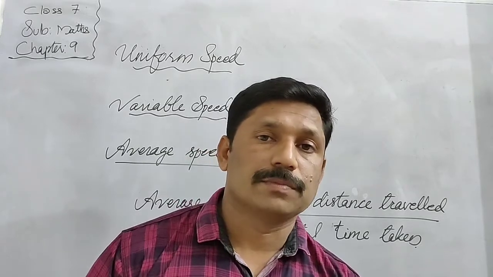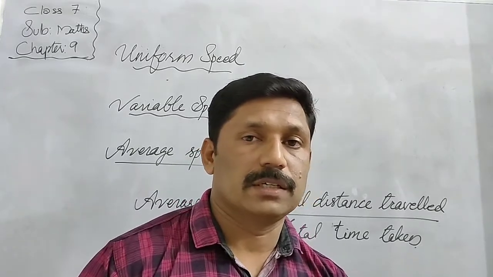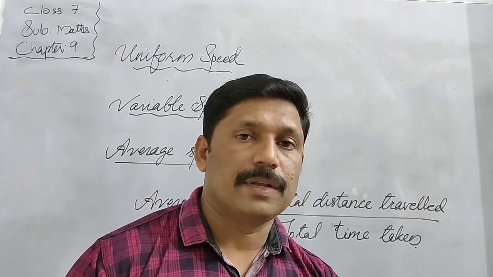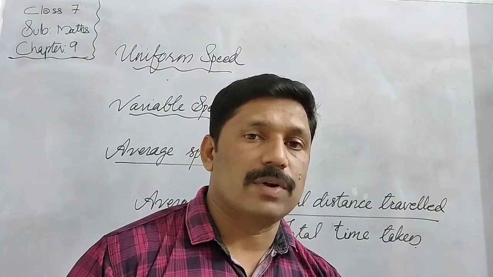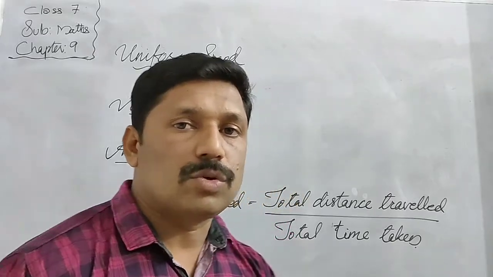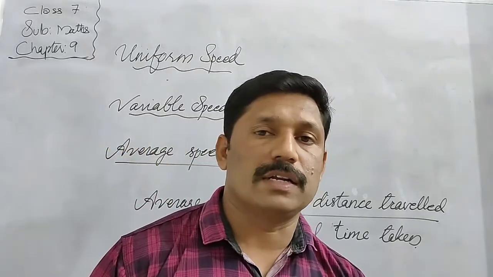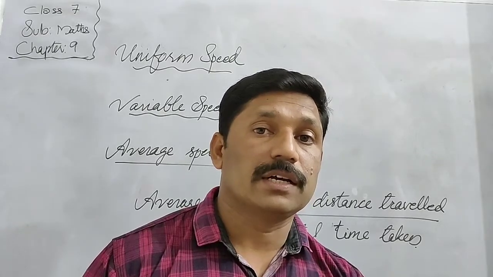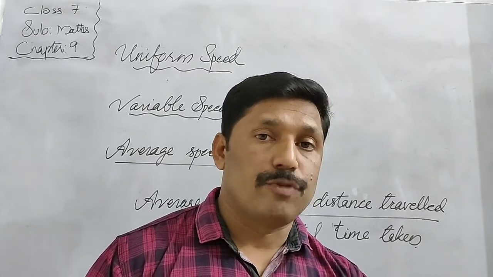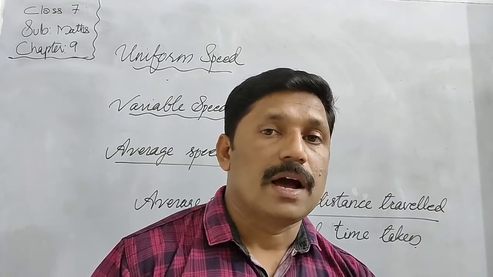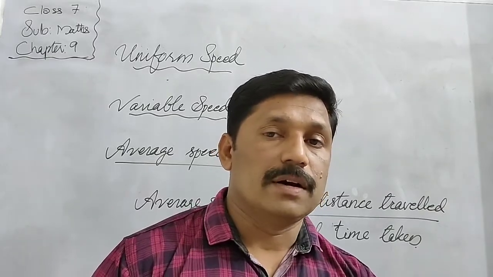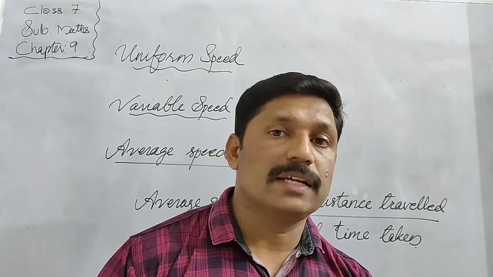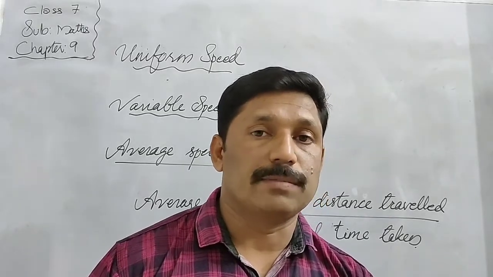Sometimes if any object changes its speed from time to time, then the speed is calculated by taking the total distance traveled by the total time taken. Sometimes if any object changes its speed frequently, its speed is calculated by dividing the total distance by the total time taken.